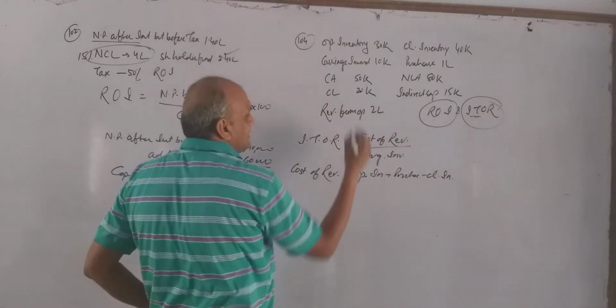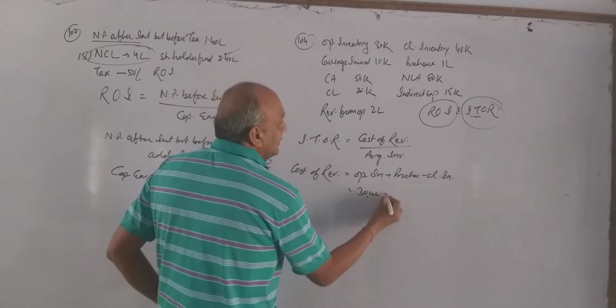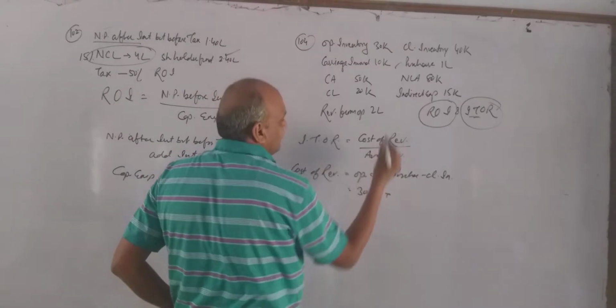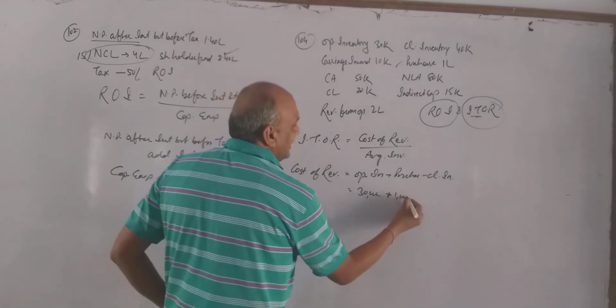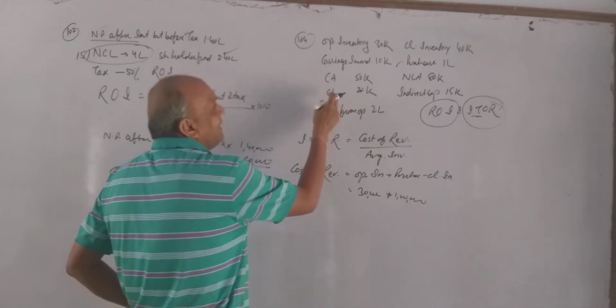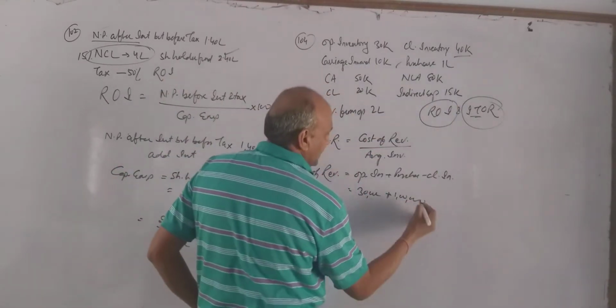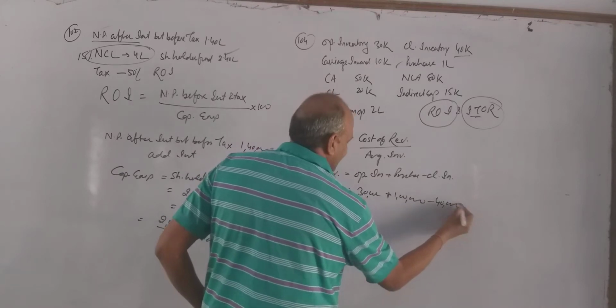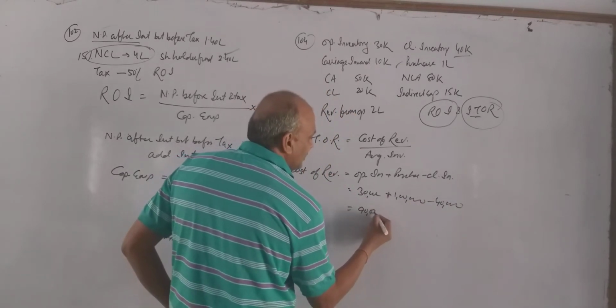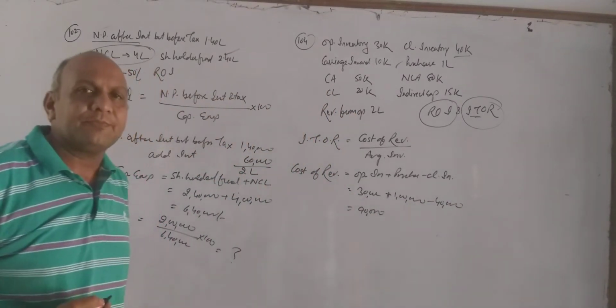Opening inventory is 30,000. Purchase is given to us 1 lakh. And closing inventory is given 40,000, my dear. So here cost of revenue comes 90,000.